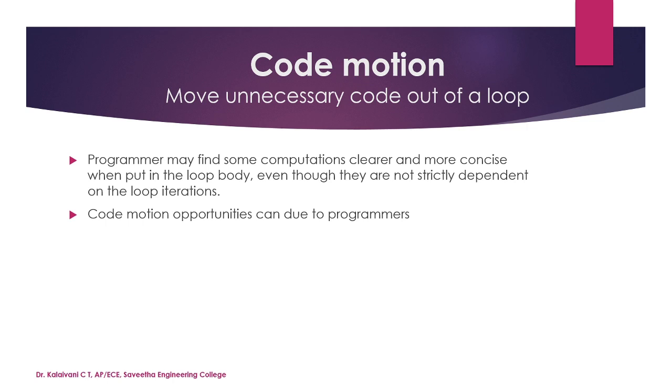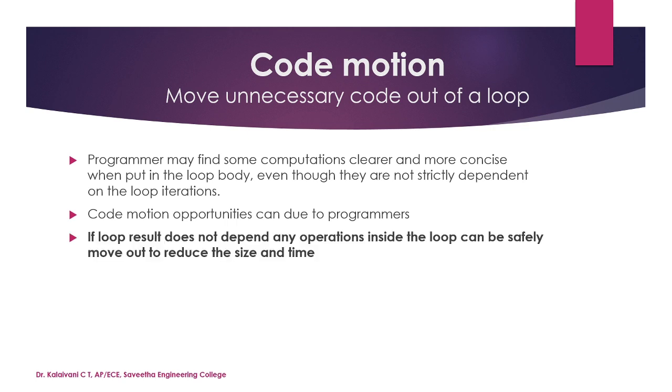The main result is we have to check that the time and the size of the program are reduced without affecting the result of the loop. We can remove a line from the loop only if that instruction doesn't affect the loop output even if it is performed outside the loop.